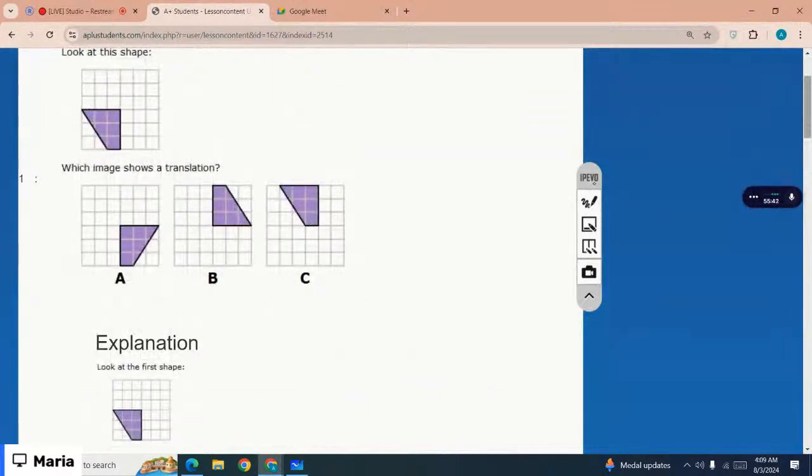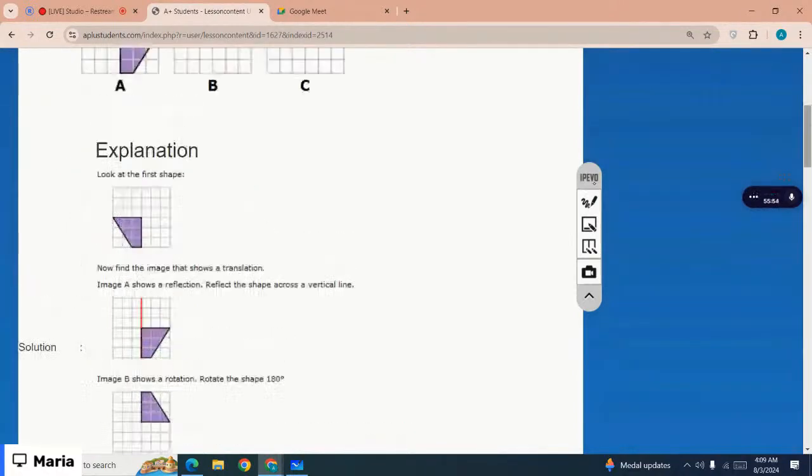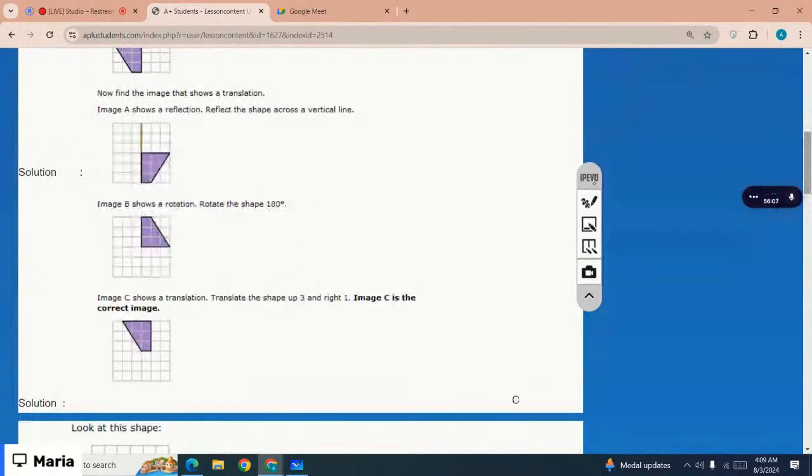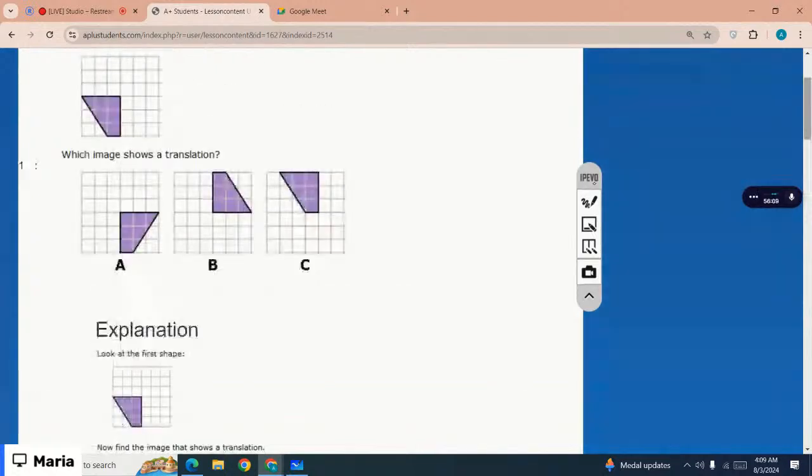So if you look at the original one and A, yes, that is the reflection of the original one. If you look at B, you have this point common, that is the rotation.